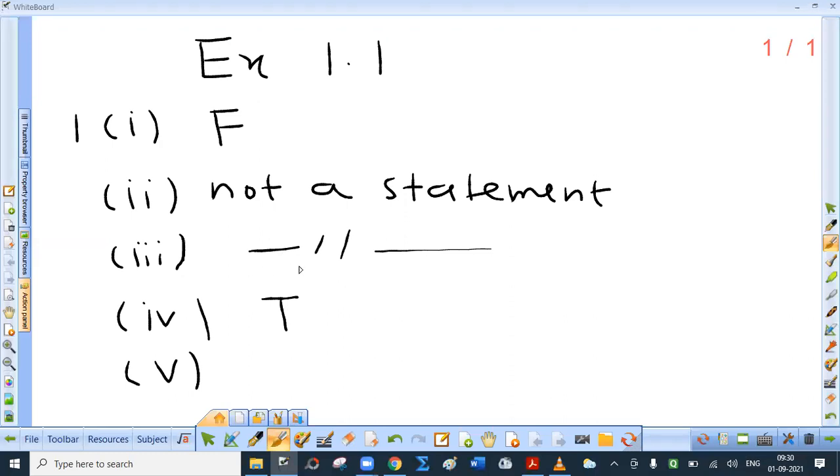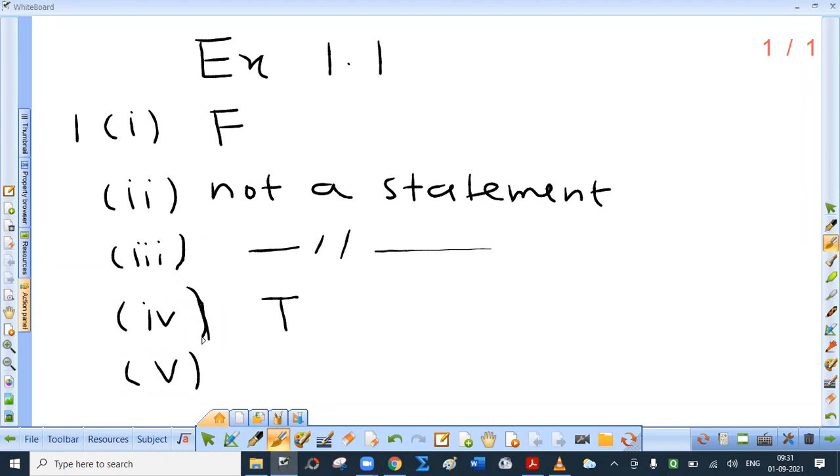What is the meaning of complex number? It is related to that only, because 0 is 0 plus 0i, right? So every real number is a complex number. 0 is a real number, so it is a complex number.